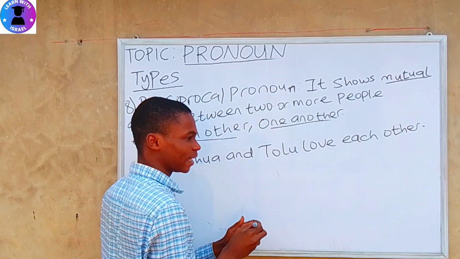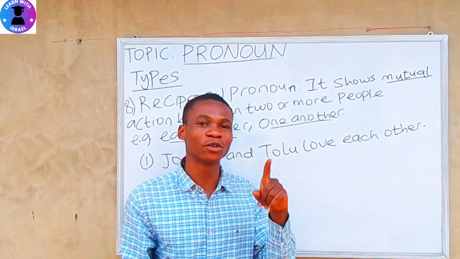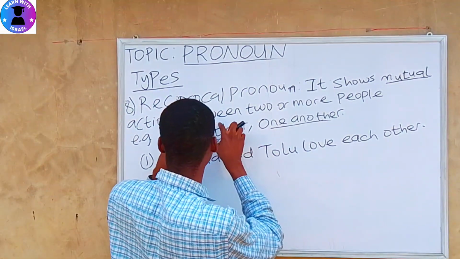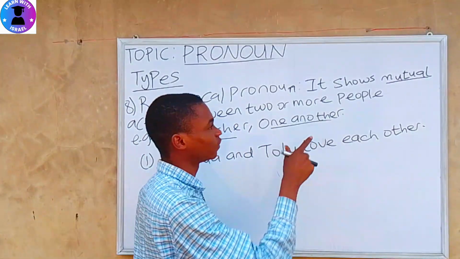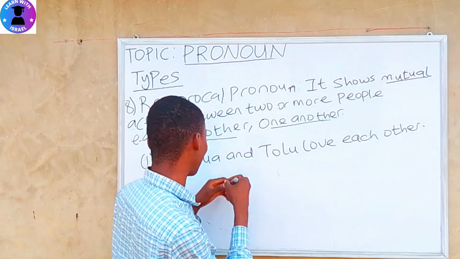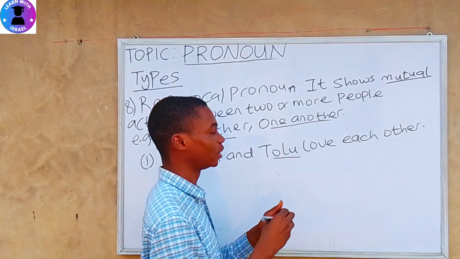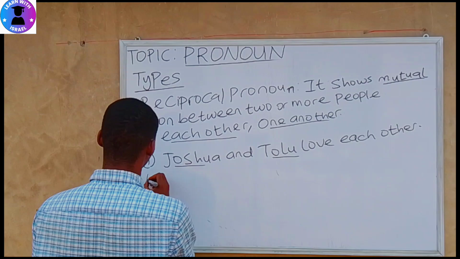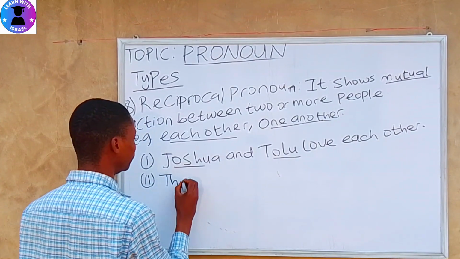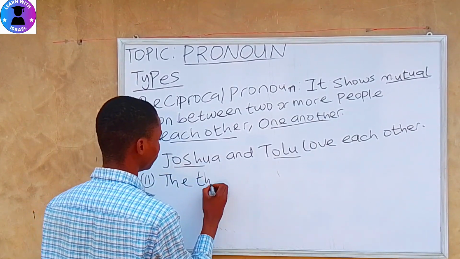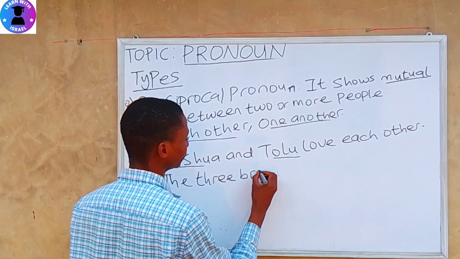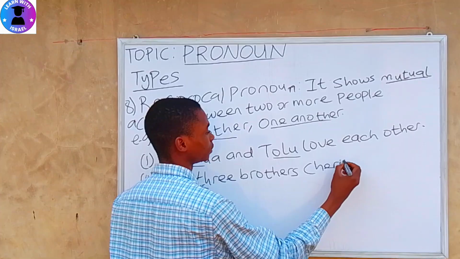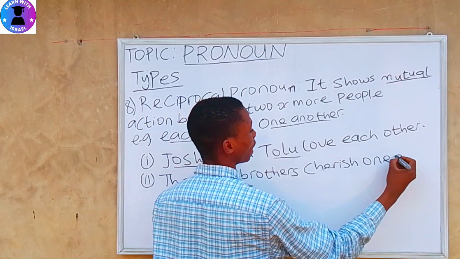There is something I always explain when doing my episode series on English language. I always explain that each other is for two people, while one another is for two or more. You can see Joshua and Tolu are just two. So let me give an example under one another.